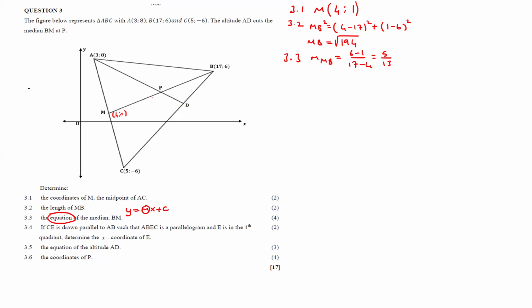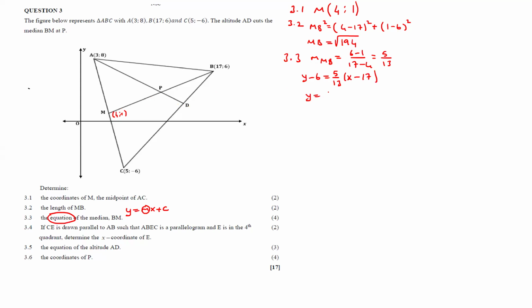After you get the gradient, you can use either point M or point B. It's up to you. So let's use point B. y minus 6 is equal to 5 over 13 times x minus 17.